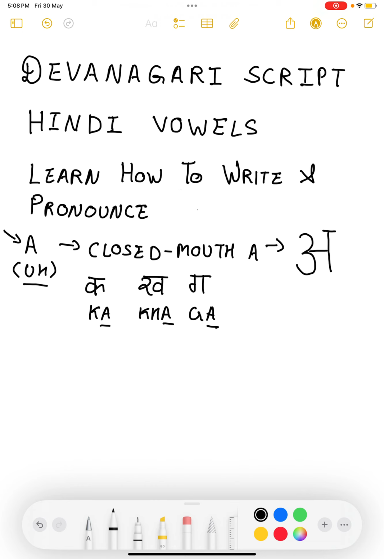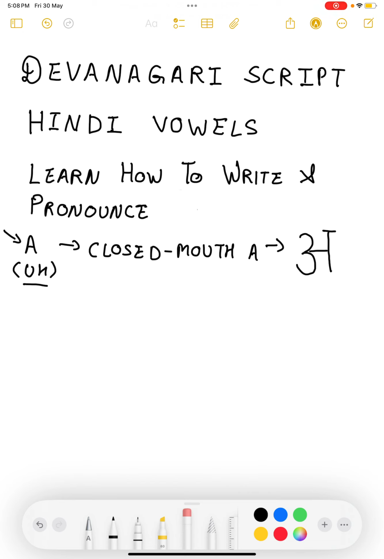So this particular vowel sound is like an inbuilt sound in all the consonants. It's present in all the consonants. Once we start writing down 2 or 3 letter words, we will know why this sound is present in all the consonants. But for now, let's just remember this closed mouth a sound. Your mouth is partially closed when you're pronouncing this.